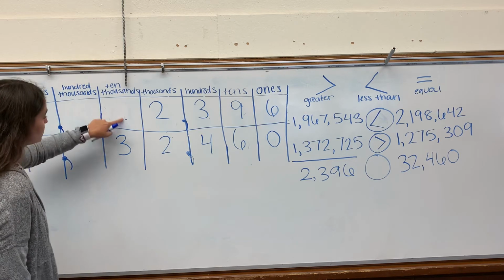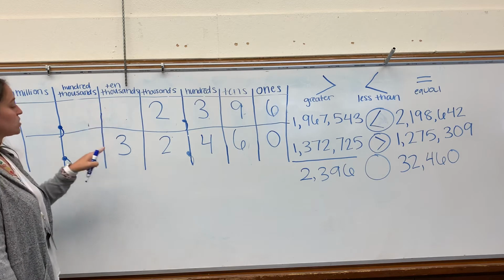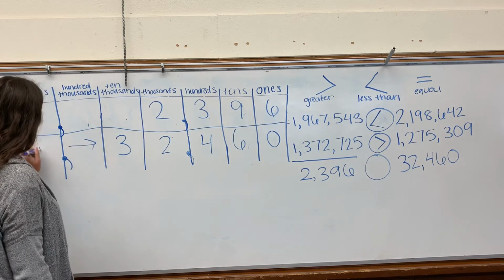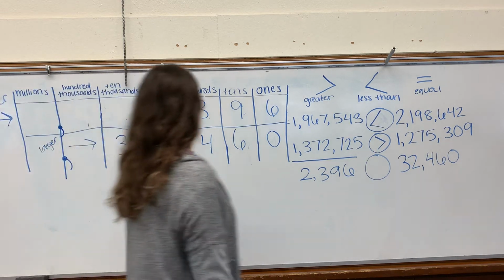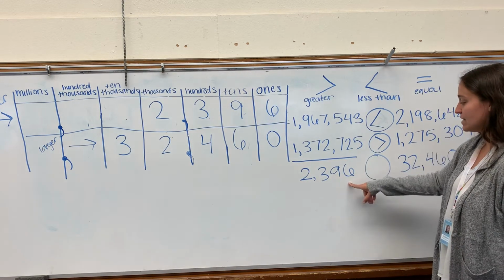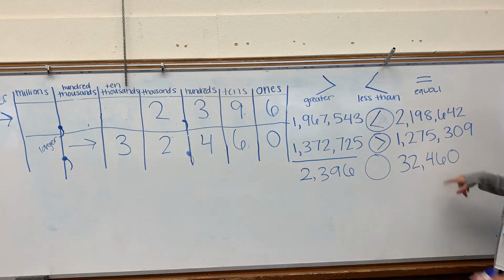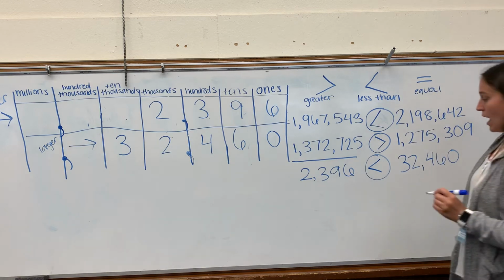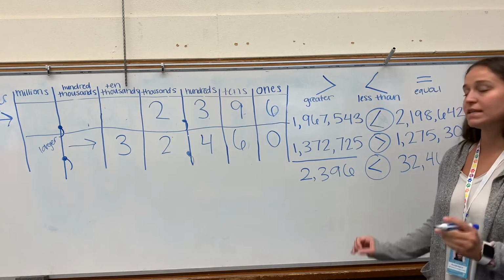Well, I don't have a number in my 10,000s column, so this number has to be larger. So 2,396 is less than 32,460. Okay?